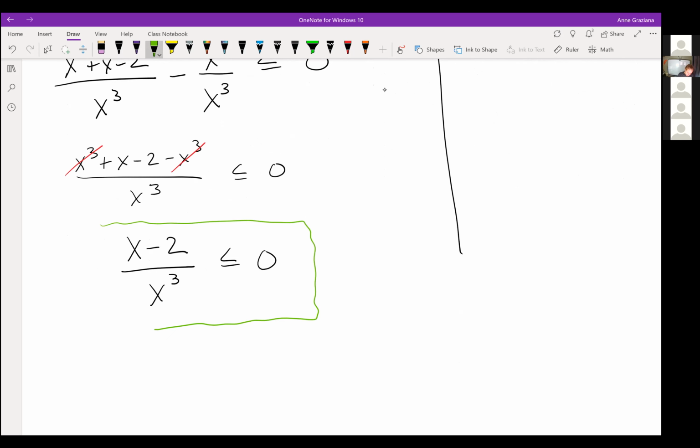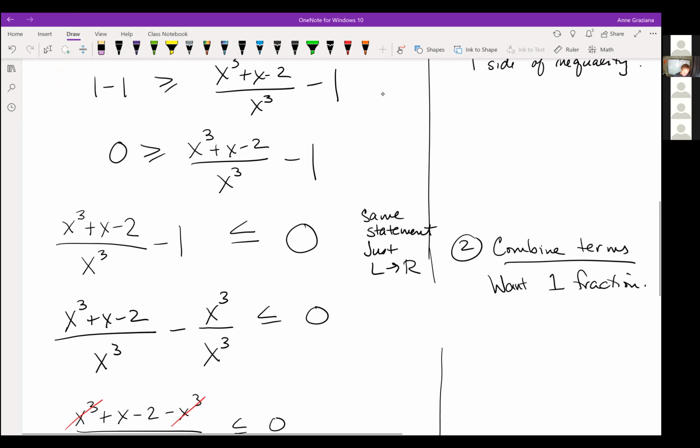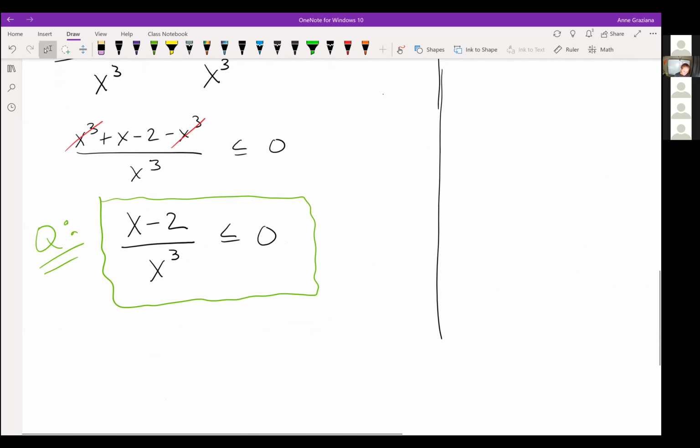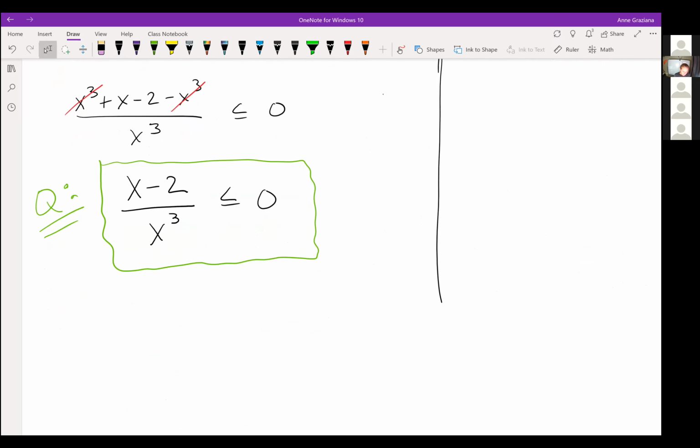Okay, so here's our question. Remember, once you get everything in the form we want, there's my question. And so what is this really asking for? Let's just review. Looking for the 0 and the undefined, we're going to need to do that next, but I just want to make sure we're clear.